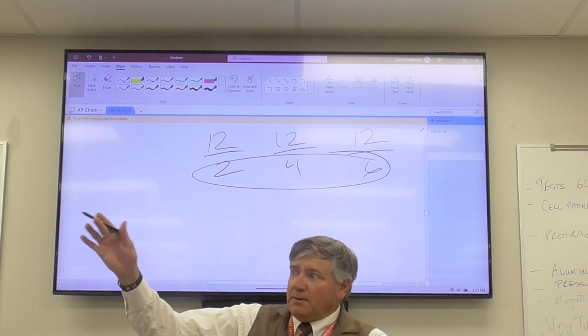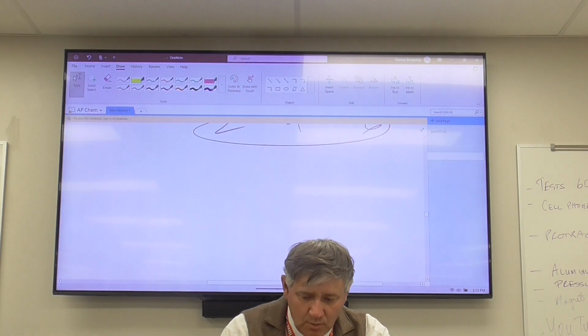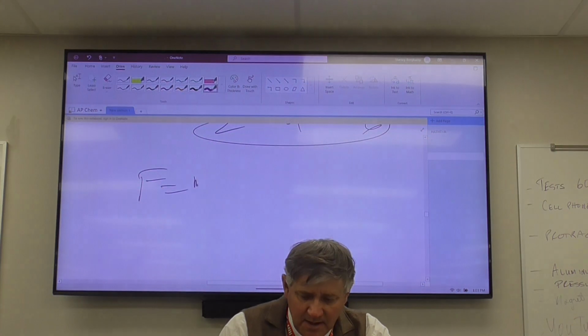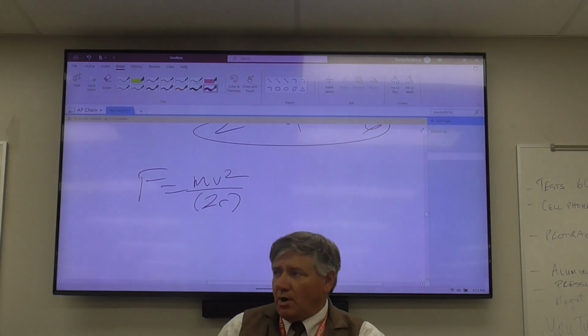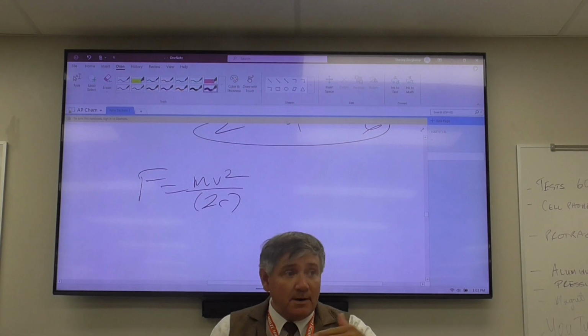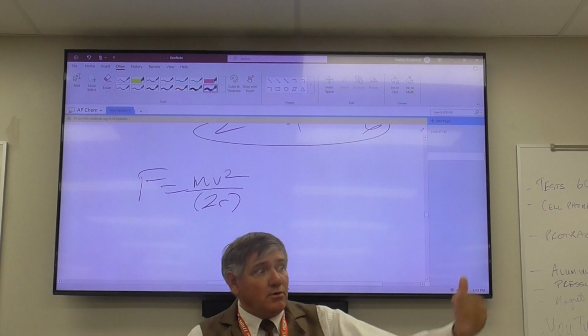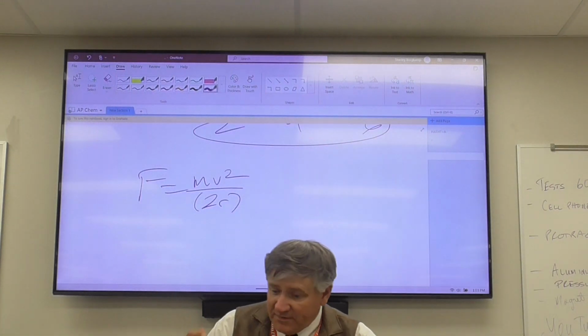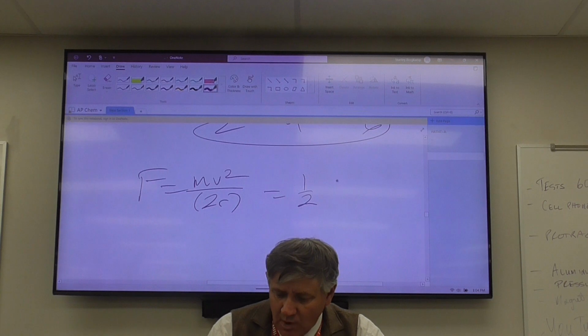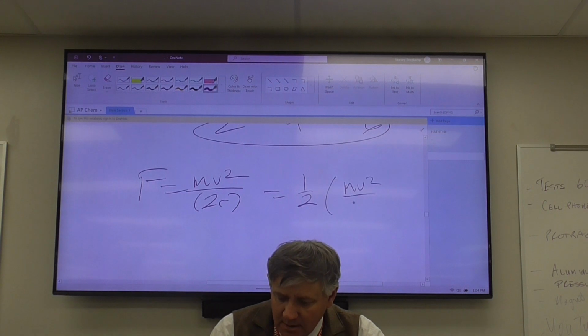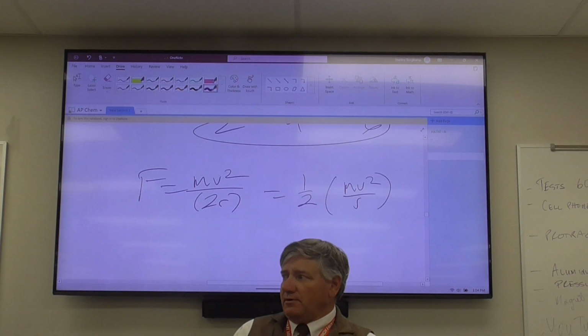So when you look at doubling the radius, one option is you can go, okay, F equals mv squared over 2r, because that's what that means. Oh, I'm going to double the radius. Cool, right? Now, if you want to figure that out, you could sit here and go, oh, that's like saying that's 1/2 times mv squared over r.